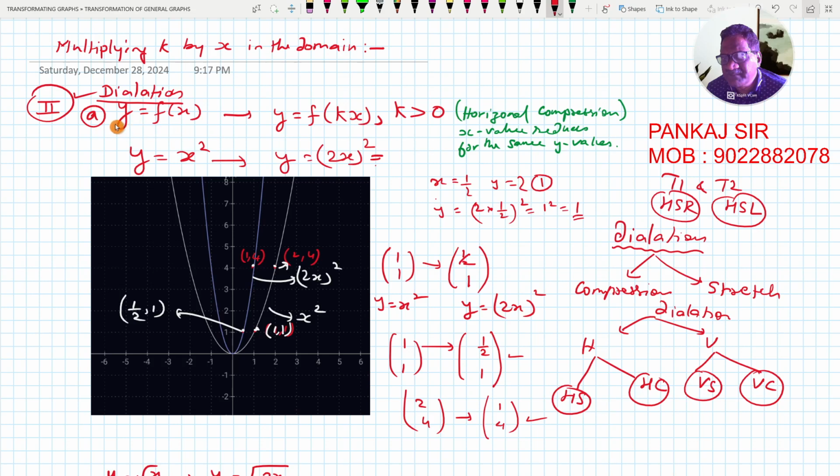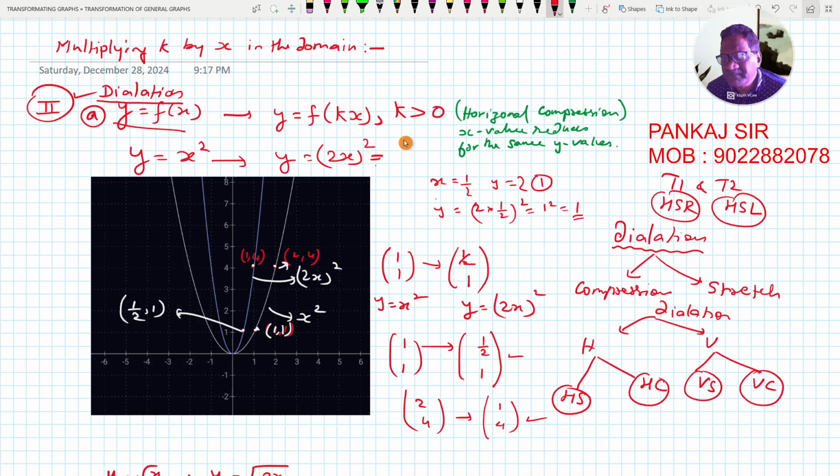Suppose you have a parent function y is equal to f of x, and you are multiplying the x, that is the domain, by some constant, some number k, which has to be positive. Then what will happen? When you multiply inside the function, which is x, by some positive number, what will happen to the parent function?